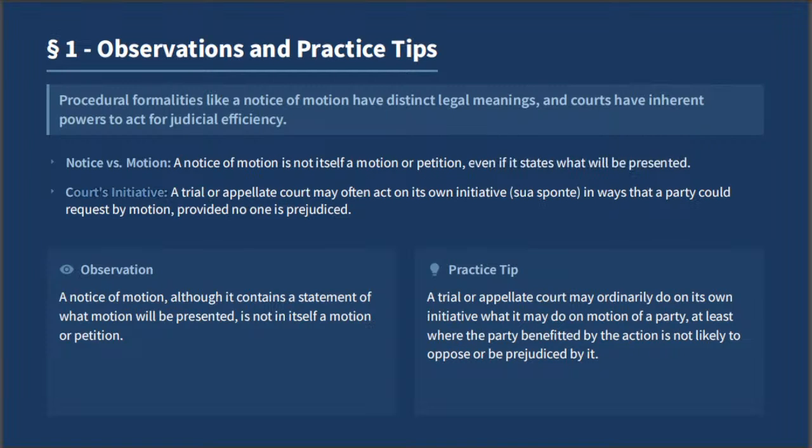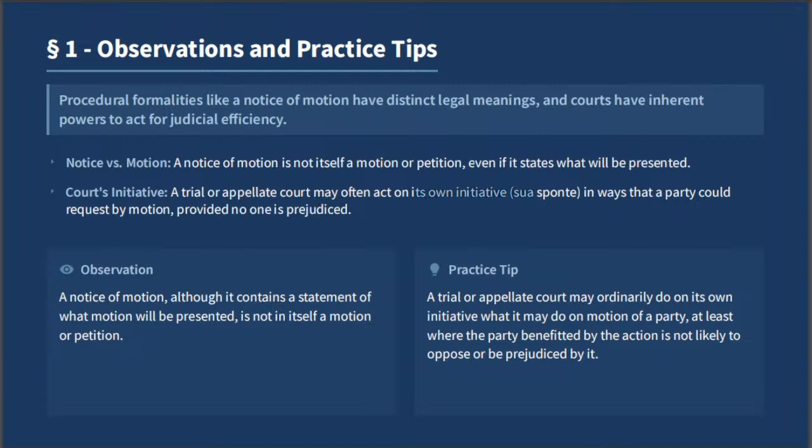It's the court's initiative. A trial or appellate court may often act on its own initiative, sua sponte, spontaneously, essentially, in ways that a party could request by motion, provided no one is prejudiced.